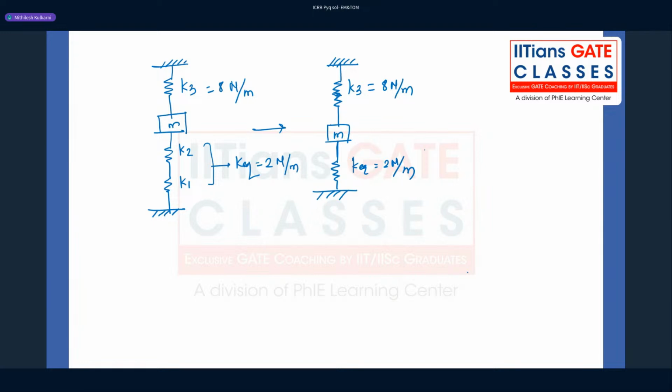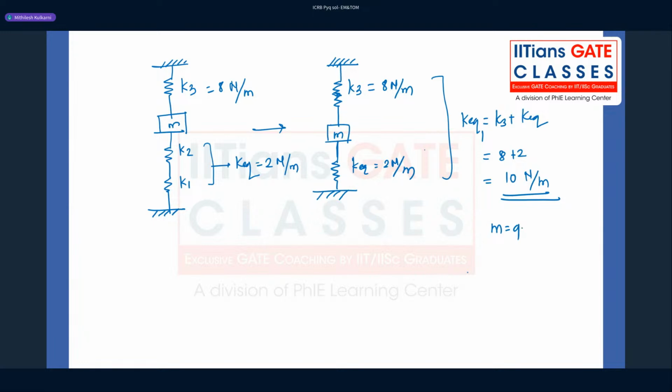So the deflection in both of them is same, hence those are in parallel, and the equivalent of both of them is K3 plus K equivalent 1, that is 8 plus 2, which is equal to 10. So overall equivalent spring stiffness is 10 Newton per meter.